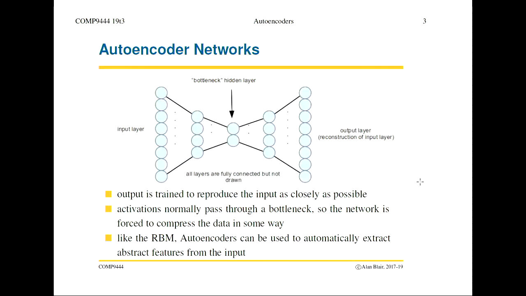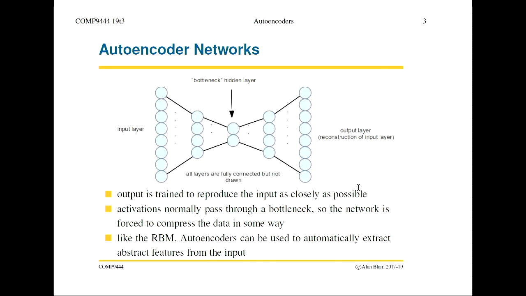So we have some layers, and we go through a smaller number of hidden nodes, and then we always try to reproduce the original image. So we put in an image, and we try to reproduce the image, and it's unsupervised. It's unsupervised because we're not giving it any classification labels or anything like that. There are no target values, we're just giving it the original images, nothing else. That's why we call it unsupervised.